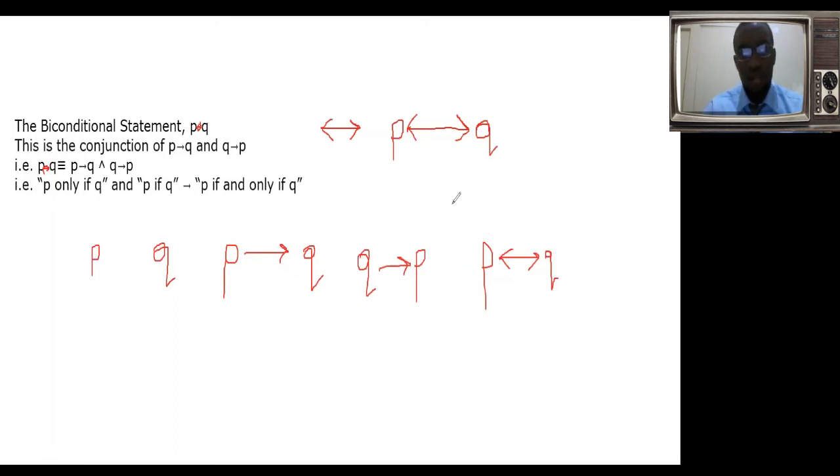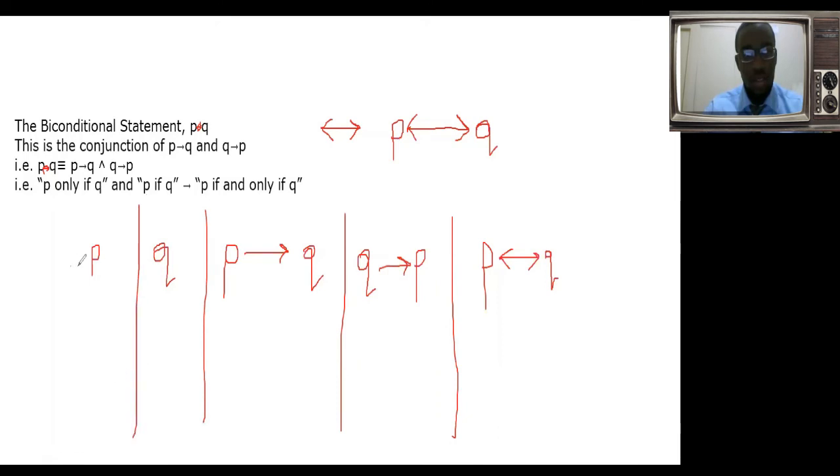So here it is: the biconditional is logically equivalent to P implies Q and Q implies P. So let's write down the truth results for this now. P is true, true, false, false. And then Q is true, false, true, false.